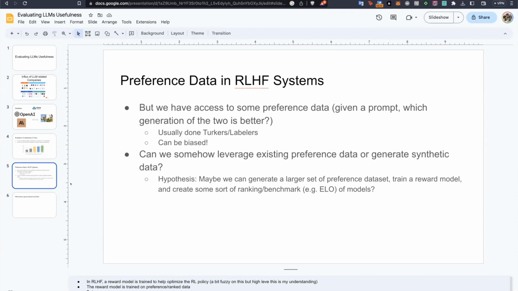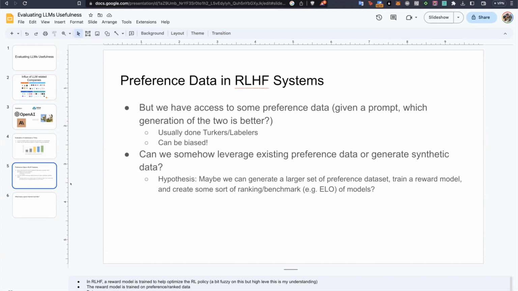One of the things I was trying to wrap my head around was that we have some existing preference data that I think Anthropic released, like the helpful and harmlessness data set, where given a prompt, there are 2 responses, one chosen and one rejected.